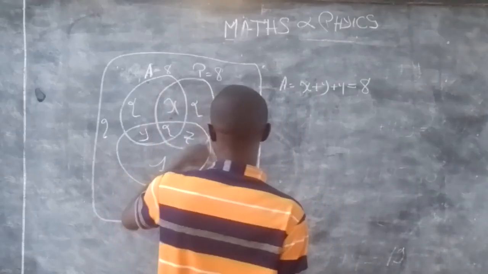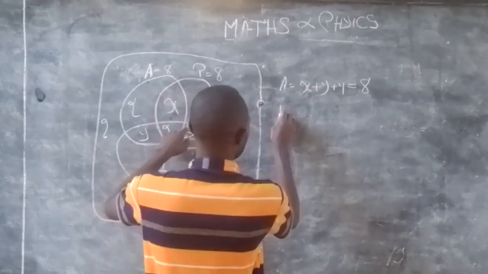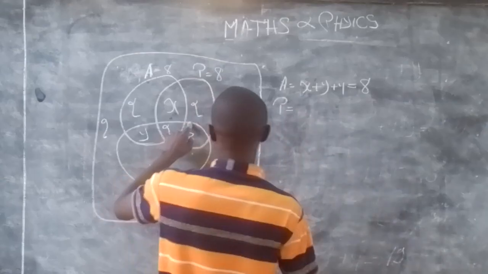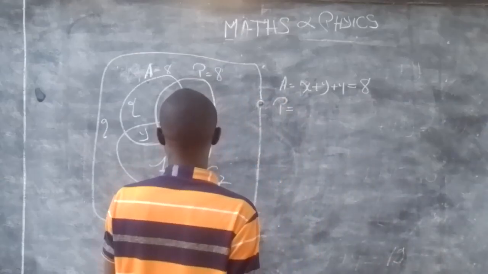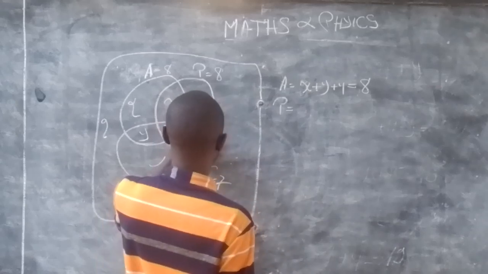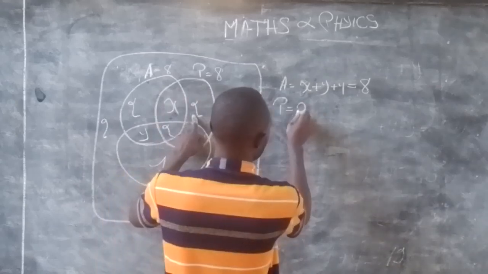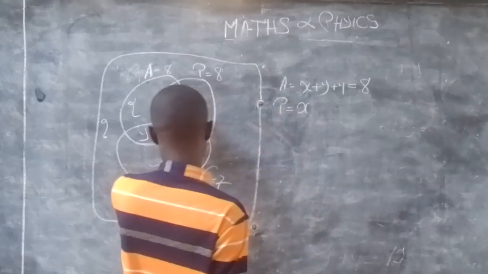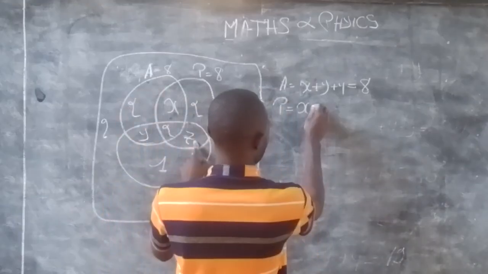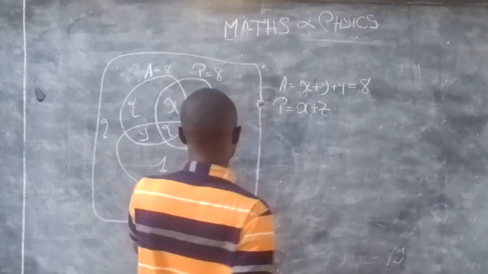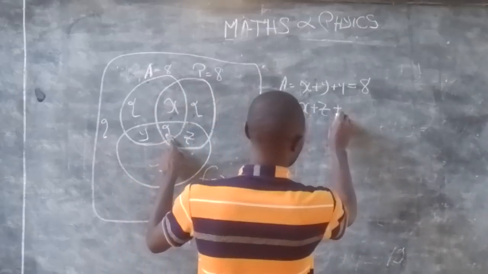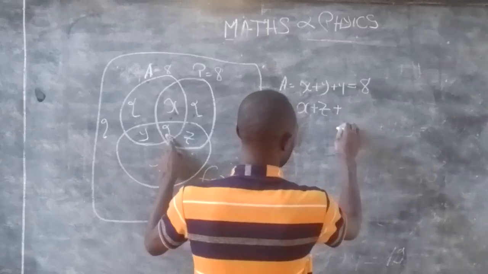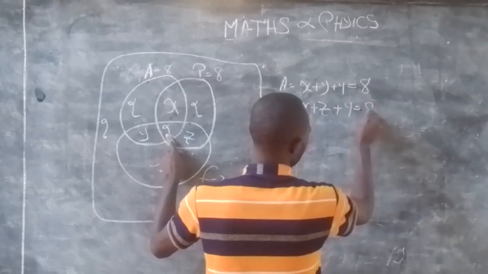Here we also have the equation for P, the production board: x plus z plus 2 plus 2 again plus 4, equal to 8.